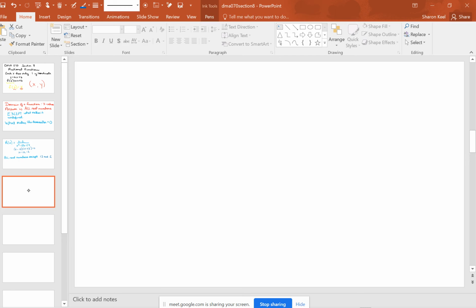If you have a problem that looks something like this, let's say our function is f of x equals x plus 9 over x squared minus 81. What we're going to do first is factor the denominator. And if you notice, this denominator happens to be a difference of squares.